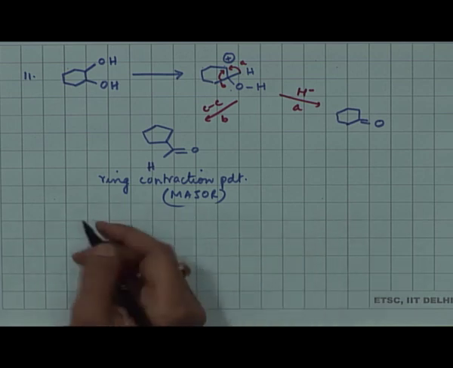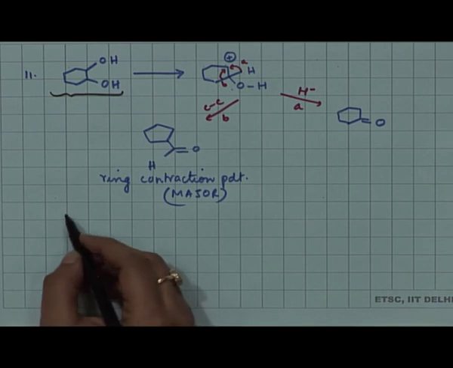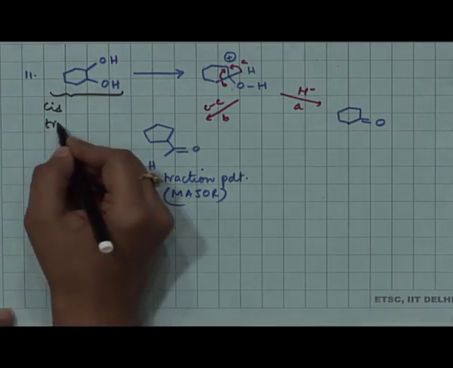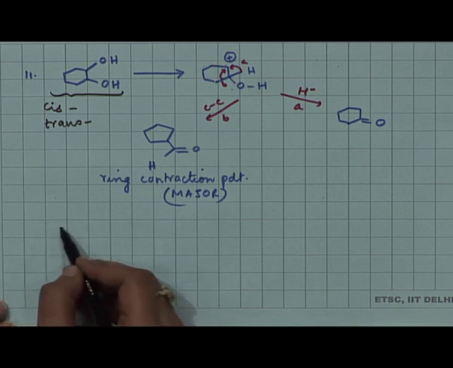If we just look at the mechanism, the first thing is we have to know about the stereochemistry of this diol. It could either be a cis or a trans. So, if you are starting with a mixture of cis or trans, let us say in the chair conformation, how would it look like?